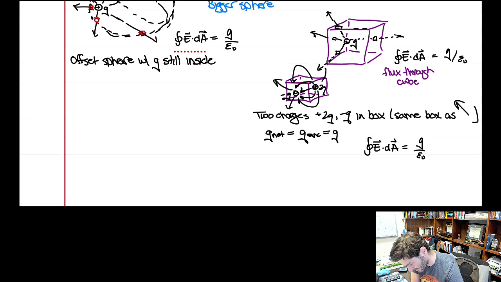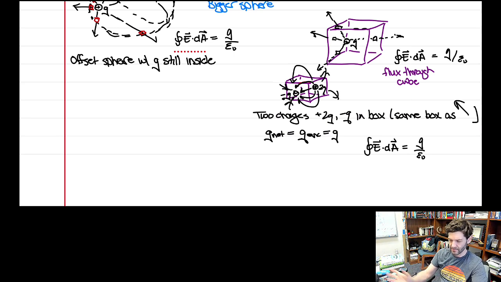Oops, I drew those arrows the wrong way. These arrows go in. These go out. So you can imagine there are some field lines that are piercing the surface and looping back around and going back in, and a very different looking electric field compared to a single point charge. Yet the total flux is still just Q over epsilon naught.